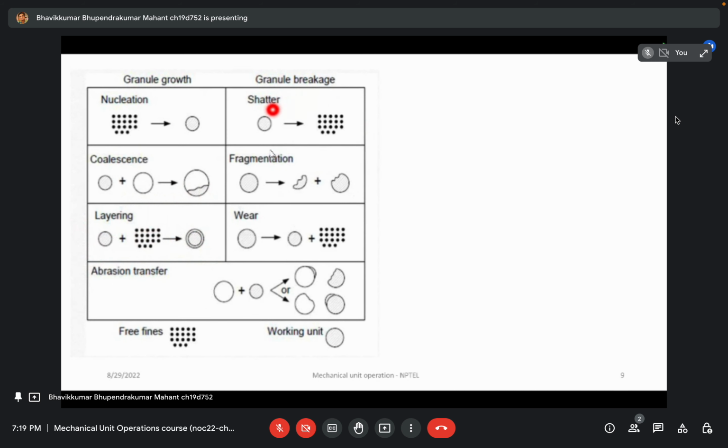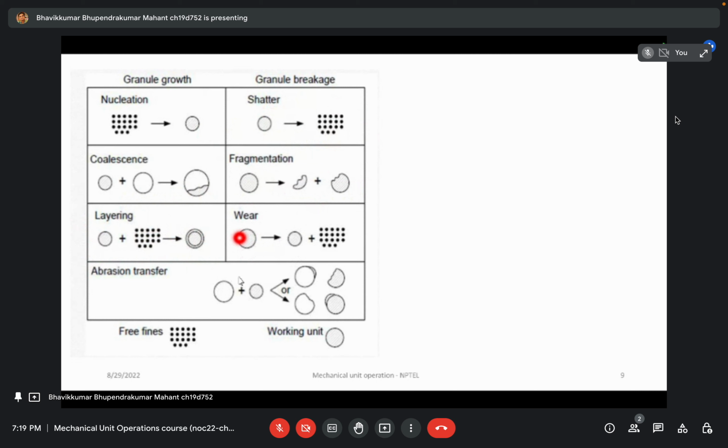And if you talk about the breakage purpose, then this kind of bigger particle can break into small fine particles, and one particle can be fragmented into two different kinds of uneven, different morphologies or different shapes, and sometimes wear can also occur.